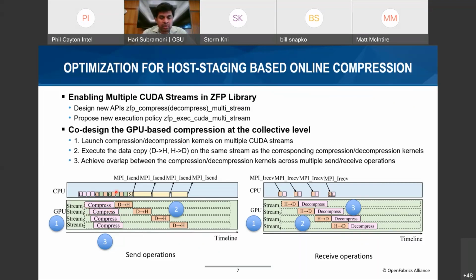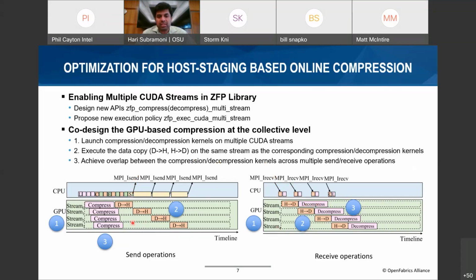As soon as one of these compression operations finishes, we launch the other kernel to copy the data from the device to the host. Once this device-to-host copy is done, the MPI process sitting on the host will take that data and move it to the remote process, where again there will be a series of pipelined operations to move the data from the host to the device, followed by a decompression.